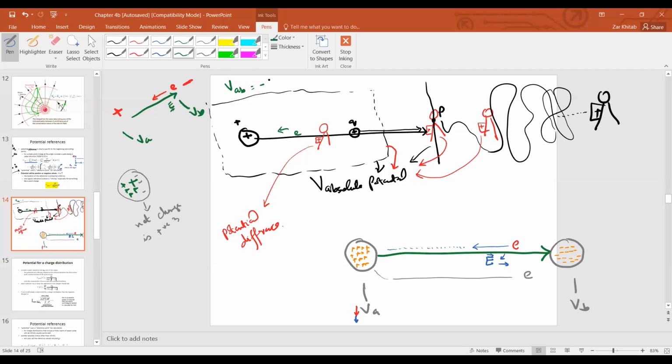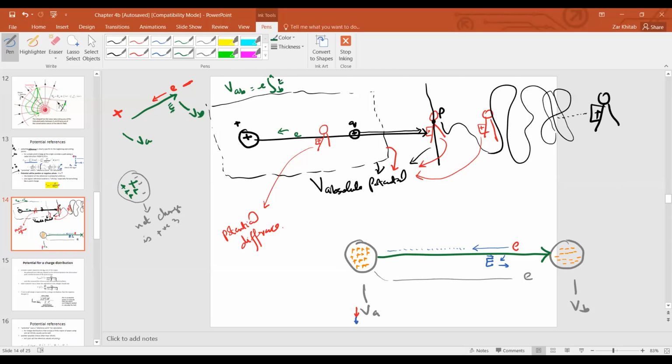VAB will come from the negative of the integral from B to A of E dot dl. Okay, B to A, because you are moving it from B to A. So we have then the negative potential.